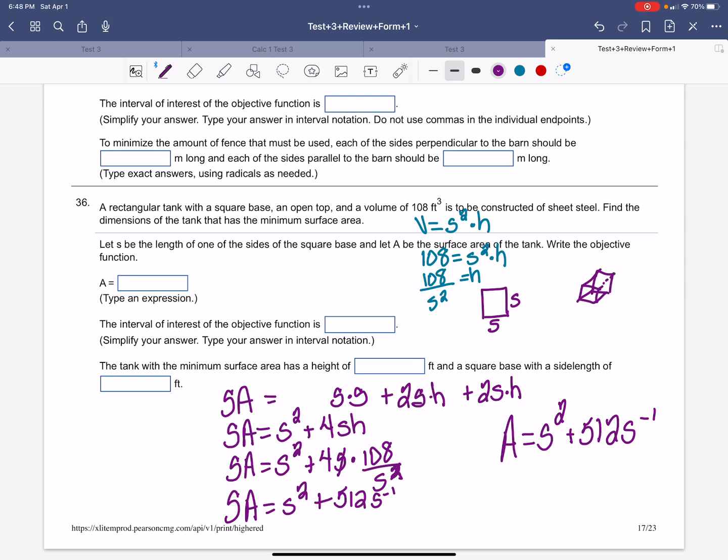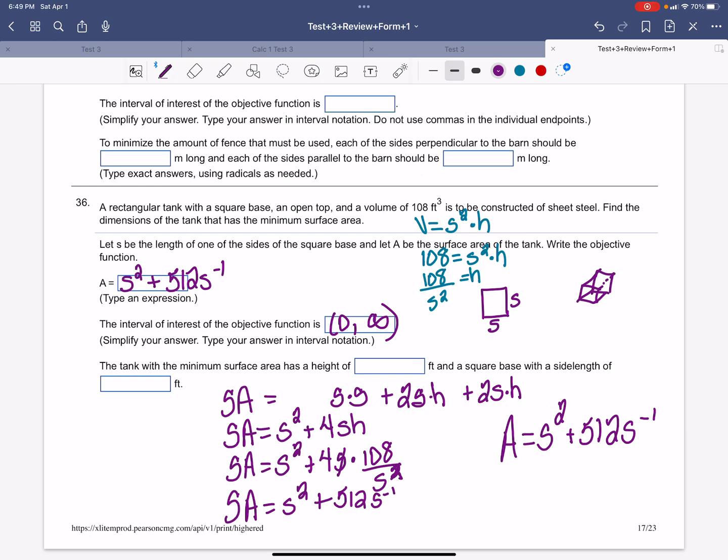Okay, so that is my function, S squared plus 432 S to the negative 1. Now the interval of interest, we start at 0 and we can go to infinity. Our side really could be anything, as long as it's positive.